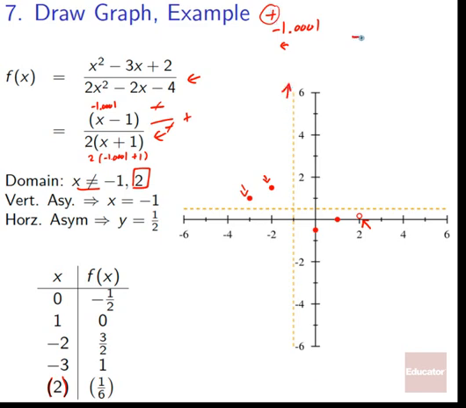If we do the opposite, -0.999, and plug in -0.999 minus 1, we see that's going to be a negative. And then divided by 2 times -0.999 plus 1, that stays positive, just barely. It's a very small positive, but it is positive.